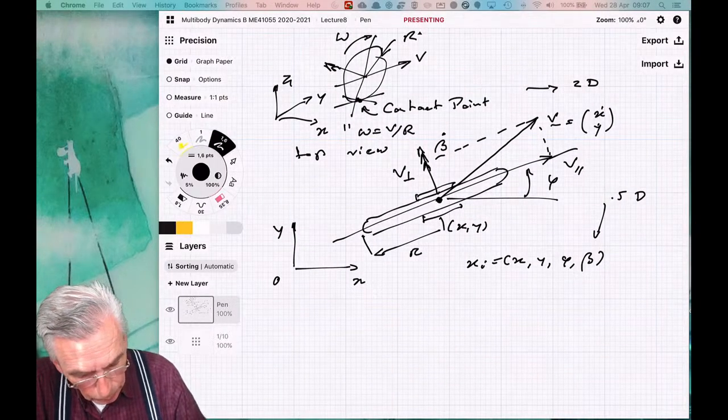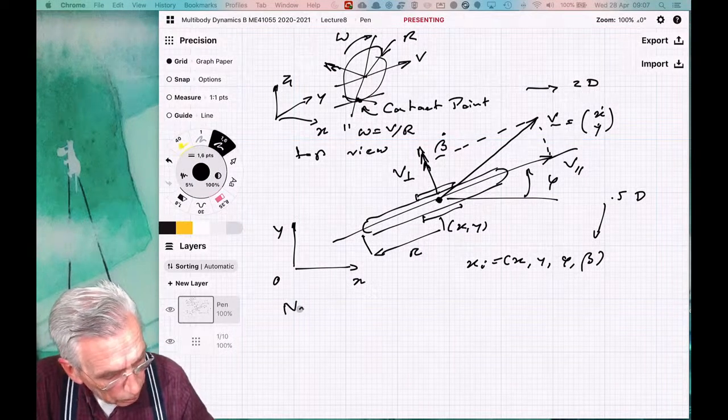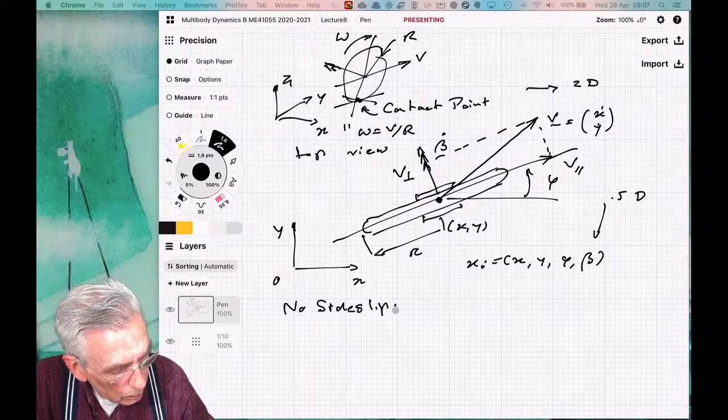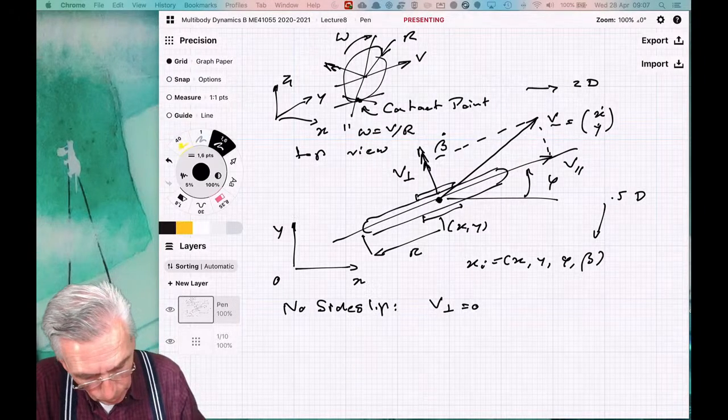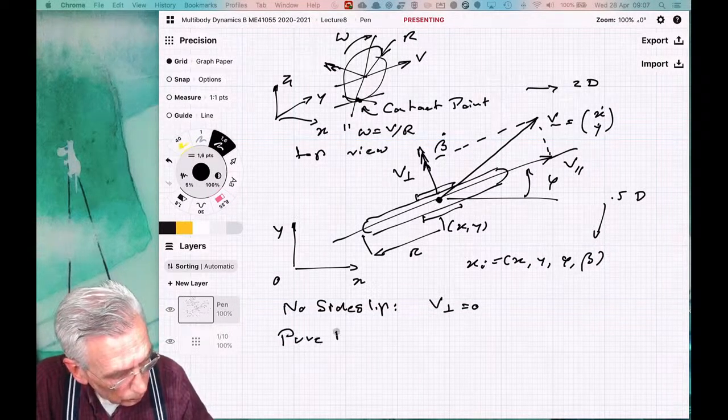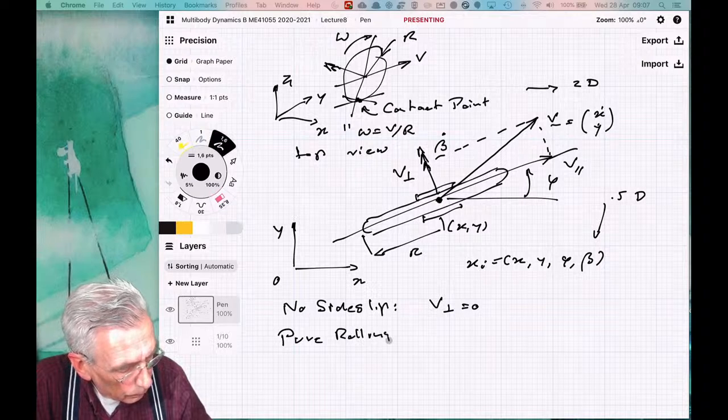Okay, so no side slip, we call that side slip. That means that this v perpendicular is 0. And you could also say pure rolling in the forward direction.